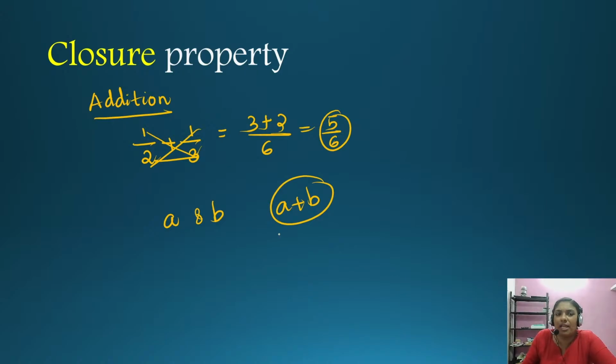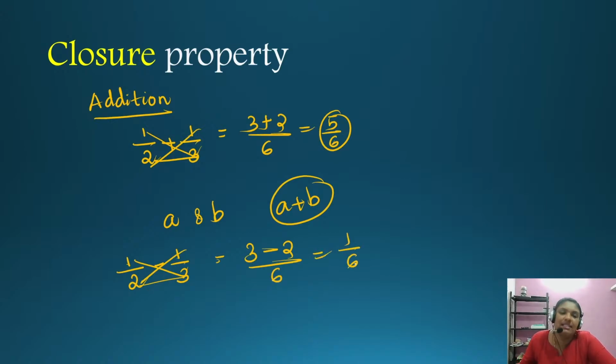Now what about subtraction? Let's take the same examples. 1 by 2, 1 by 3. Okay. So now 1 times 3 is 3 minus 1 times 2 is 2, by 2 times 3 is 6. So here 1 by 6 is the difference. This is also a rational number.